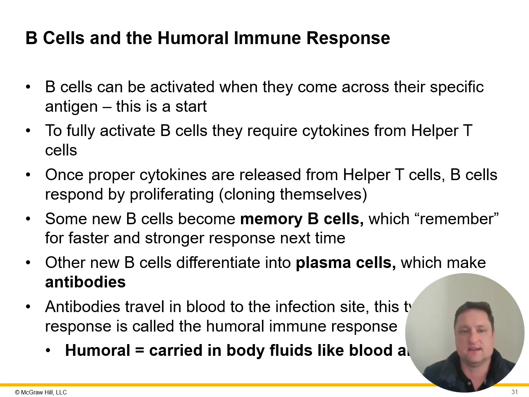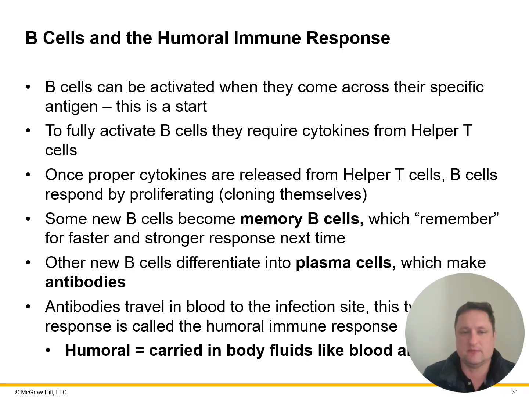Some of the new B cells become memory B cells. Their job is long-term immunity. They remember this antigen, so the next exposure triggers a faster, stronger response. The other route is that members of the clone become plasma cells. Plasma cells are the antibody factories. They produce and secrete antibodies that are specific for the activating antigen.